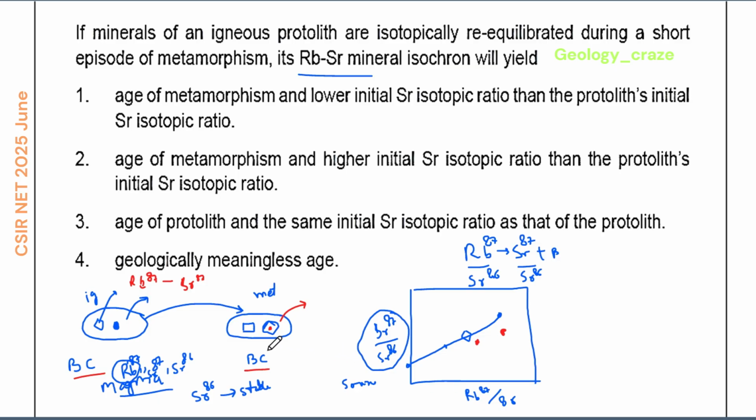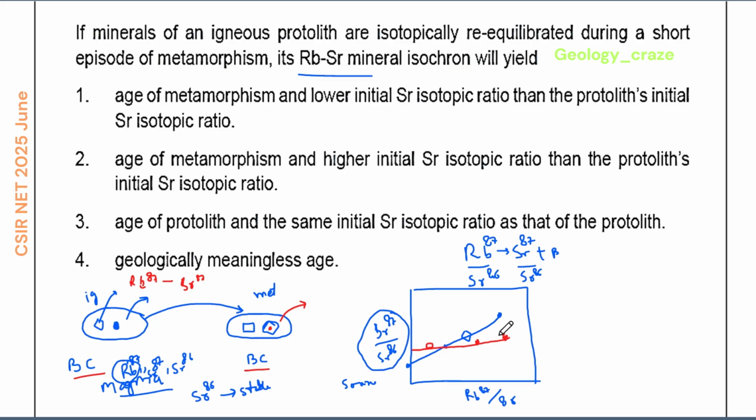And this mineral, suppose here, a little down. So after metamorphism we will join our minerals. Minerals or rock, you can consider anything. So now we are getting one more trend line. We are calling it isochron.